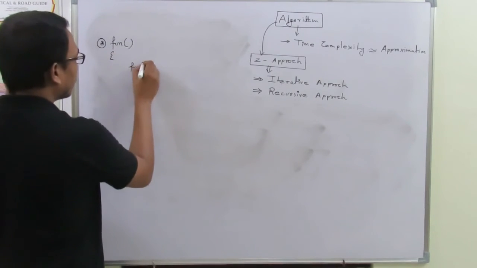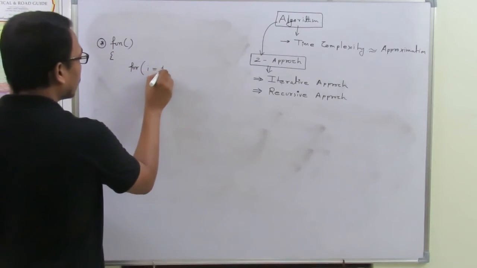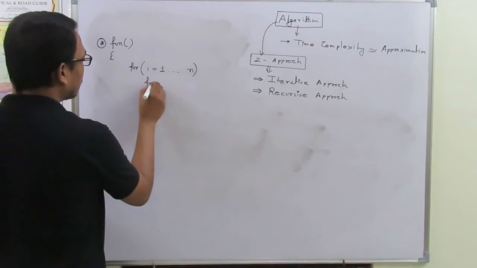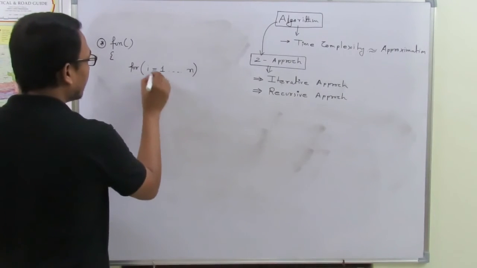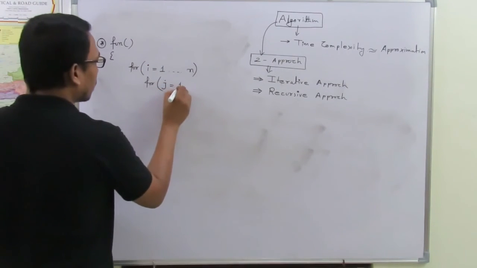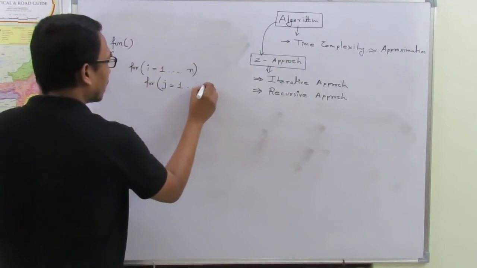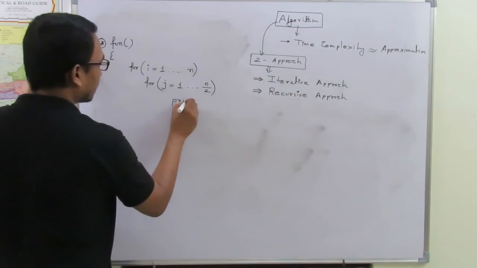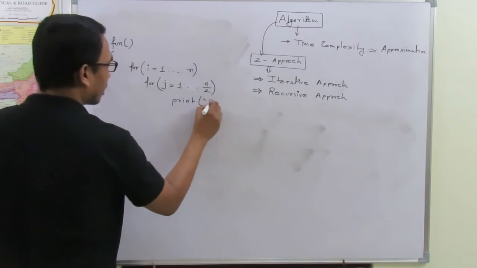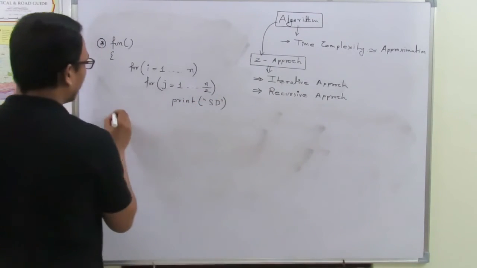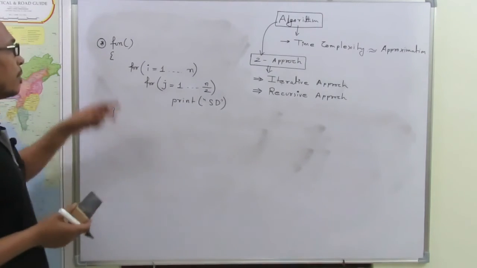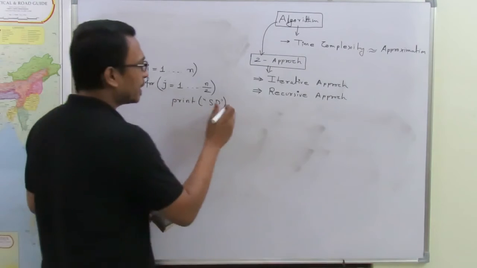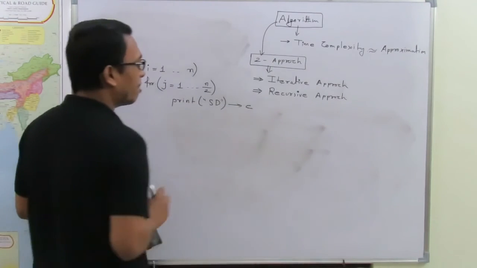The first loop is i equal to 1 to n, and in the second loop we have j equal to 1 to n by 2, and then we have a print. Now what will be the time complexity of this particular problem? Again, this print statement will take constant time.